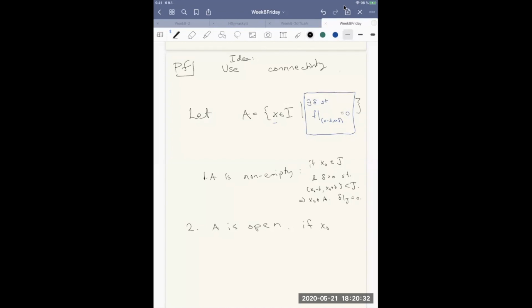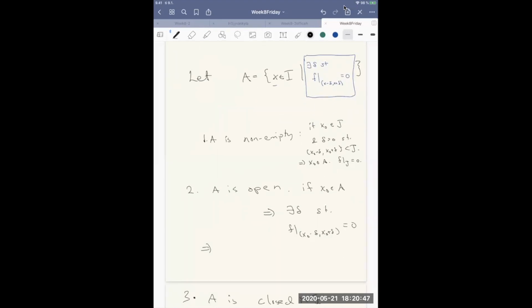Now openness is basically exactly the same. If x naught is in A, then there exists a delta such that f restricted to (x naught minus delta, x naught plus delta) is equal to 0. But if y is in (x naught minus delta, x naught plus delta), we can set delta y to be equal to delta minus |x naught minus y|.